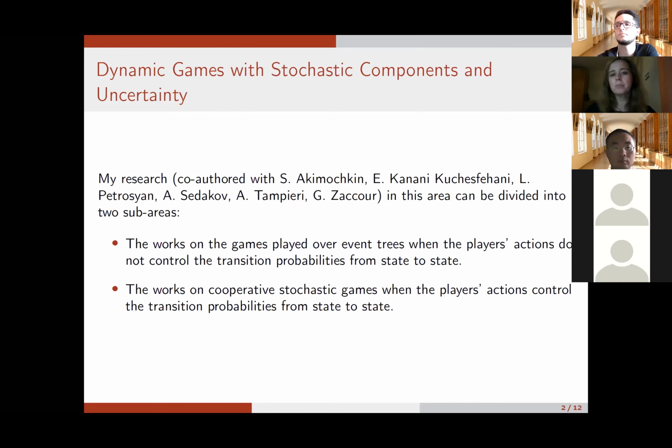I will describe this type of games clearly. The second part is devoted to cooperative stochastic games when players control the transition probabilities from state to state. The first part involves simplified dynamics in comparison with the second part.